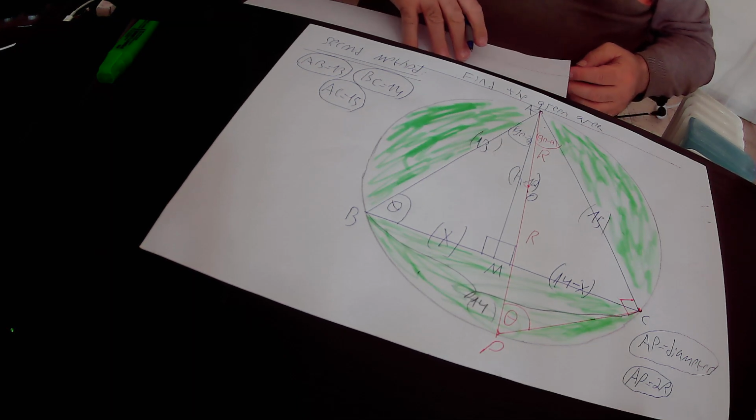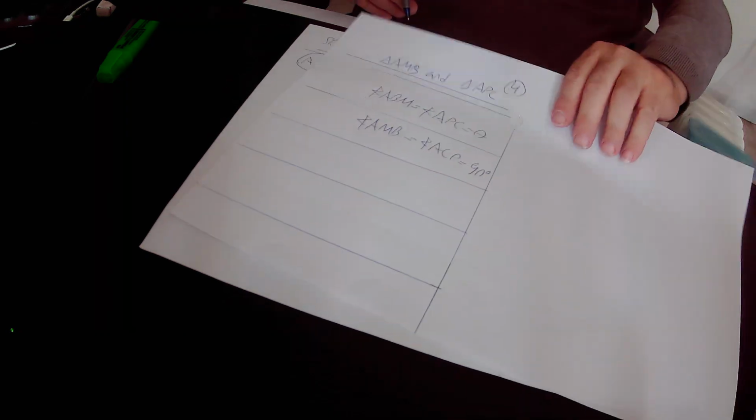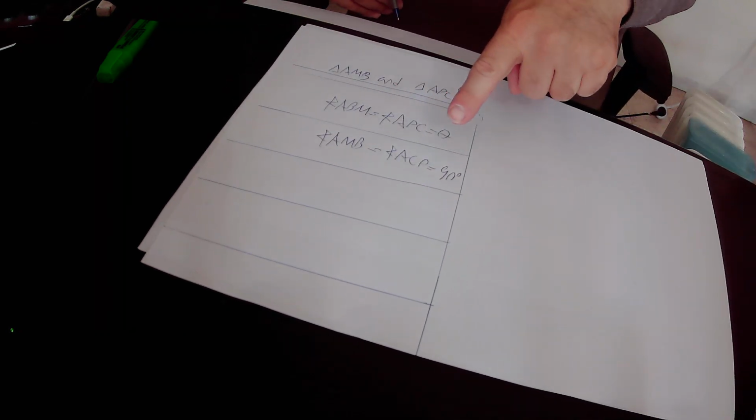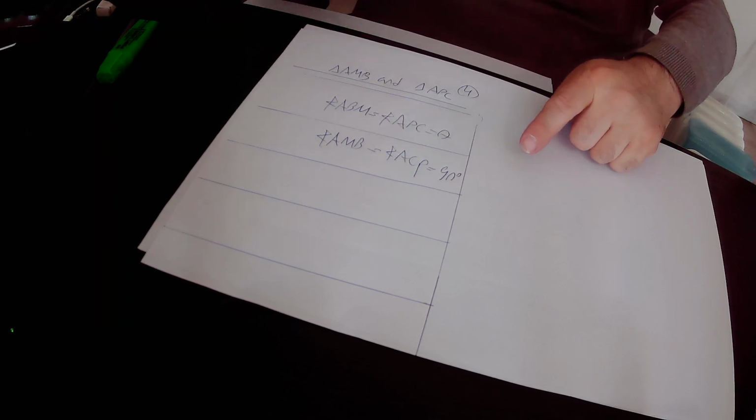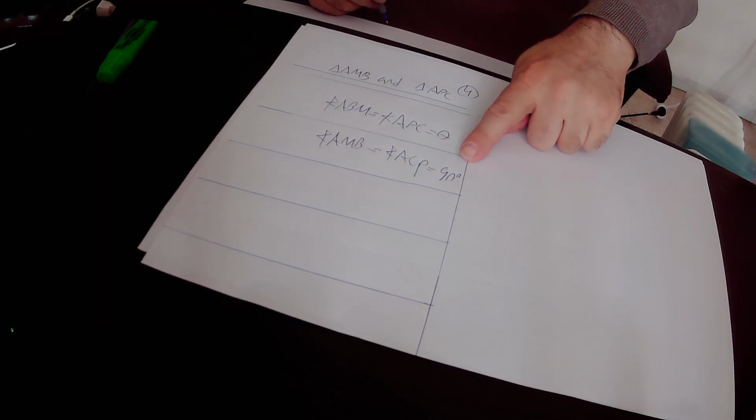Repeat again: angle AMB in triangle ABM equals angle ACP in triangle APC. They are both equal to 90 degrees, therefore they are equal to each other.